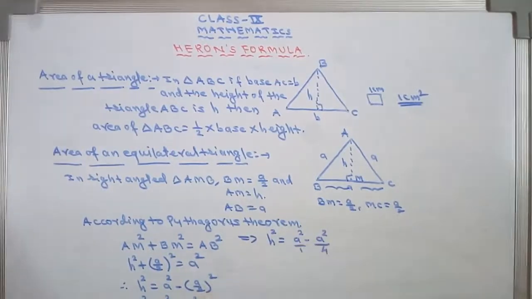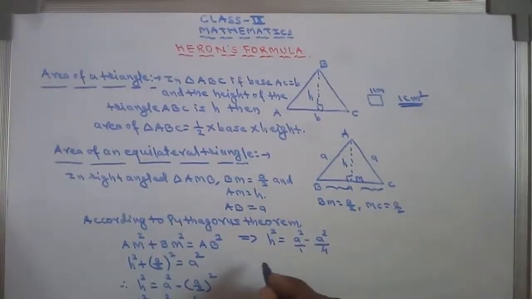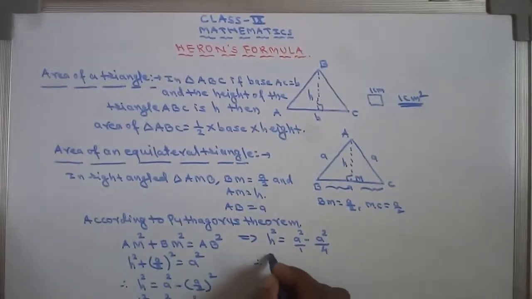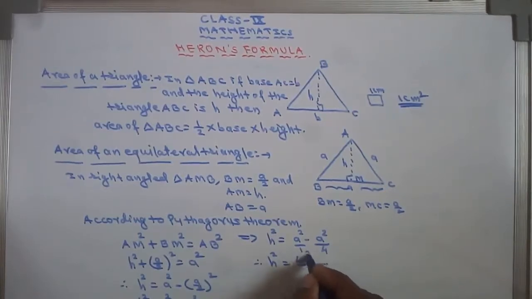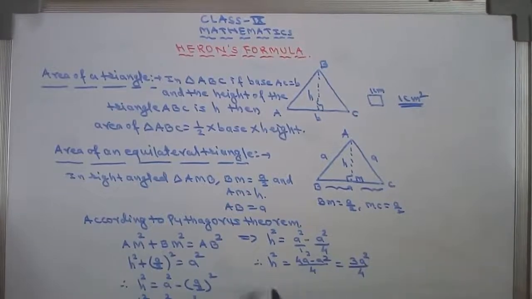Here the denominator is 1. Therefore h square equals, taking LCM as 4, 4a square minus a square, that is 3a square by 4.